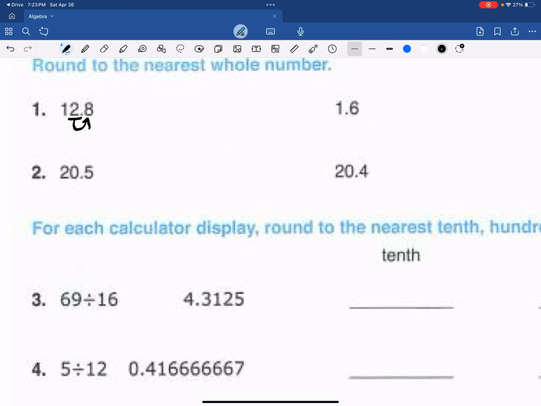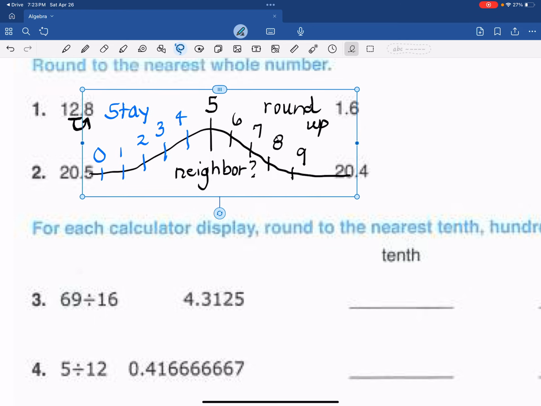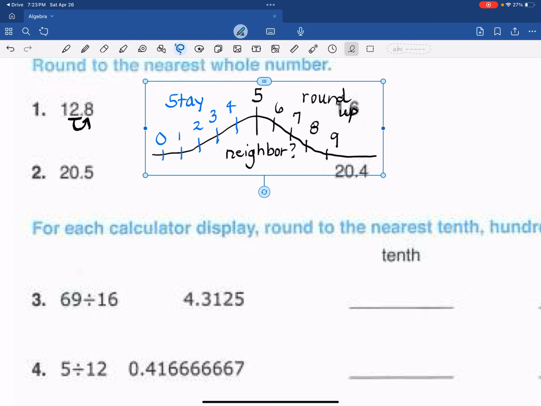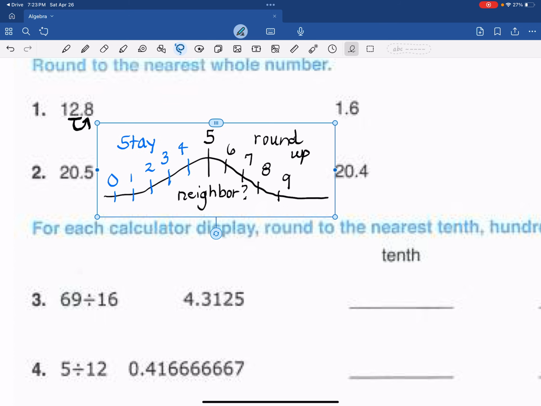Once you get the neighbor, get everything figured out, we're going to apply the rounding rule. And that's where we need to think about this scaffold. Look at the neighbor. The neighbor is an 8. That's in the round up side. So we're going to round up to 13. The neighbor is what tells you what to do.